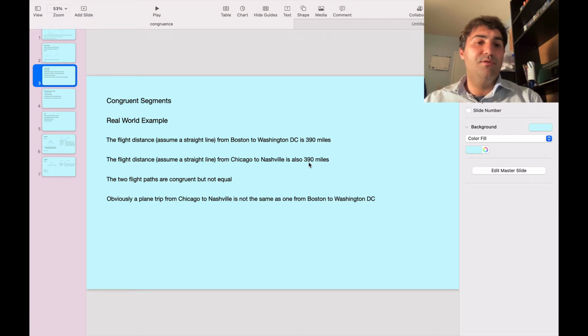Obviously, a plane trip from Chicago to Nashville is not the same thing as a plane trip from Boston to Washington, D.C. So just try to think of a real world situation where you can think of congruence versus equality to make that concept clear.